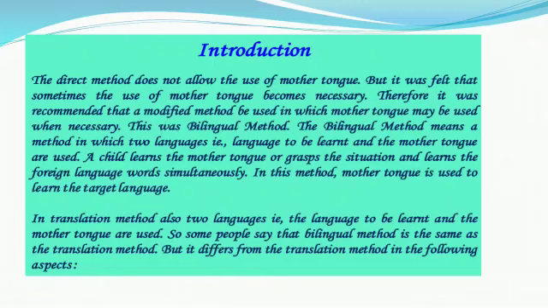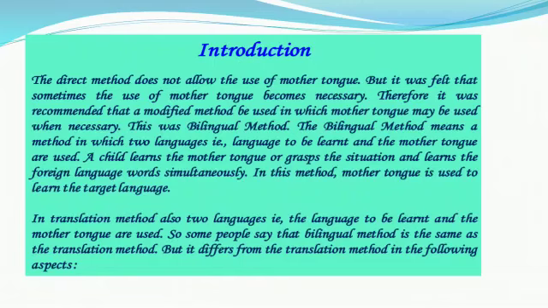So, some people say that the bilingual method is the same as the grammar translation method, because in the translation method also the same process is going on. But it differs from the translation method in the following aspects.